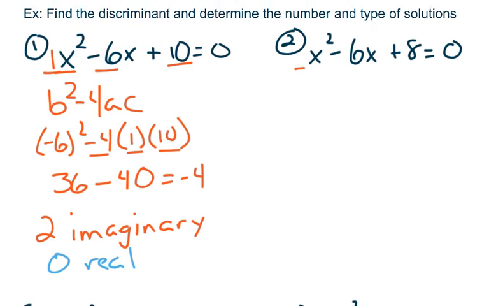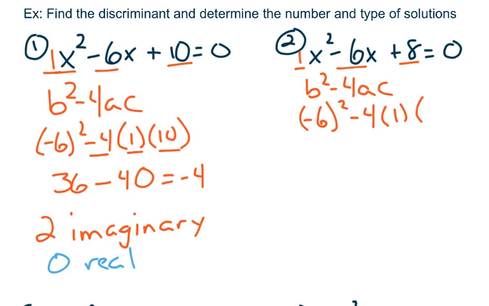Okay, let's try another one, number 2. So here's a, which is 1. b is negative 6 again, and this time c is 8. Okay, so we'll do b squared minus 4ac. We'll start with b is negative 6 again, so negative 6 squared minus 4 times my a, which is 1, times my c, which is 8. Negative 6 squared is 36.